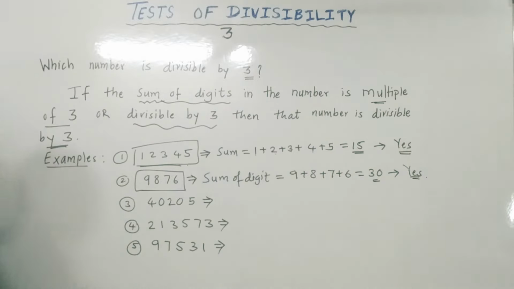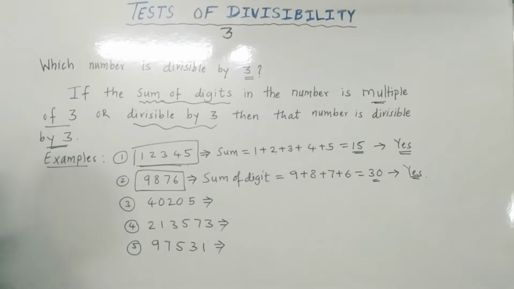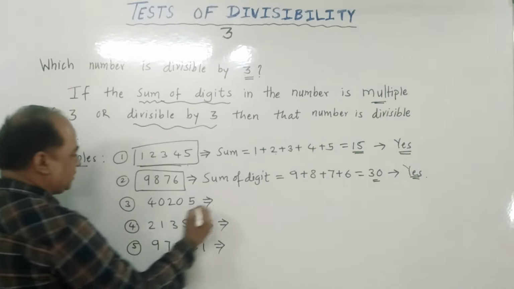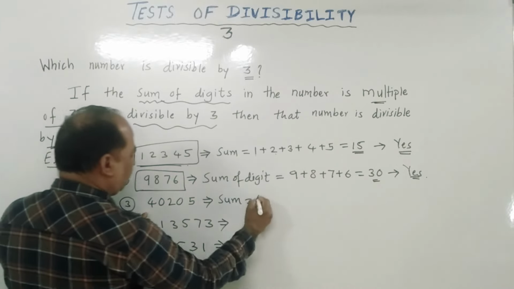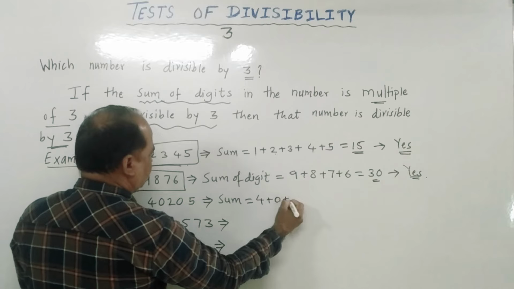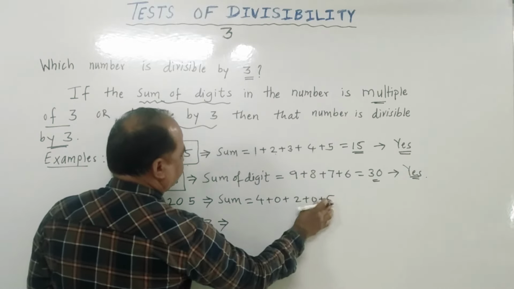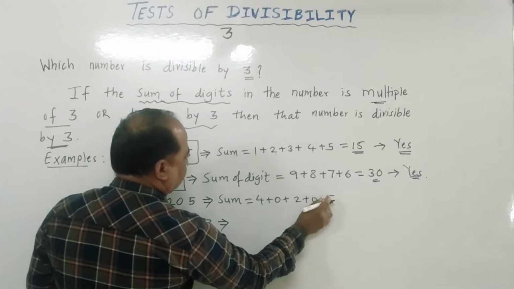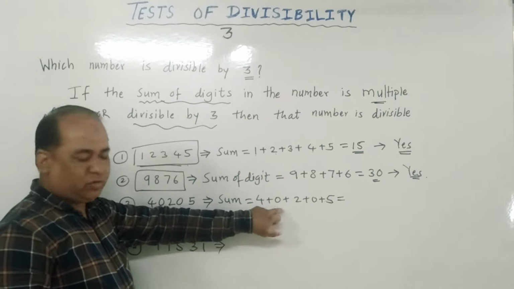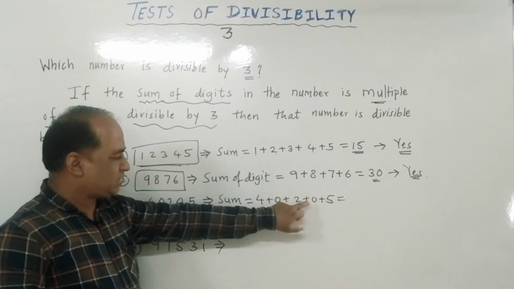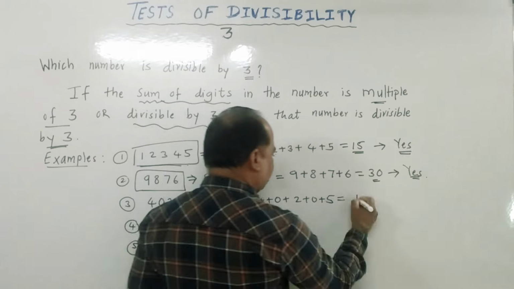Yes, this big number is also divisible by 3. Now next example, 40205. So let us take the sum of these digits. 4 plus 0 plus 2 plus 0 plus 5 is equal to 4 plus 0 is 4, 4 plus 2 is 6, 6 plus 0 is 6, and 6 plus 5 is 11.